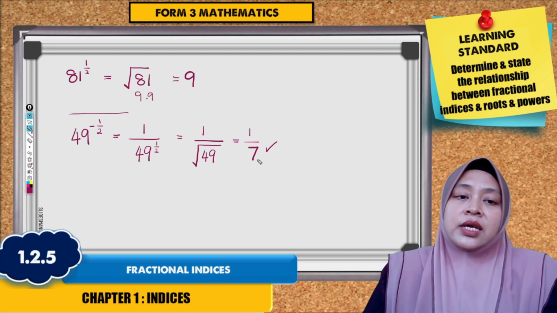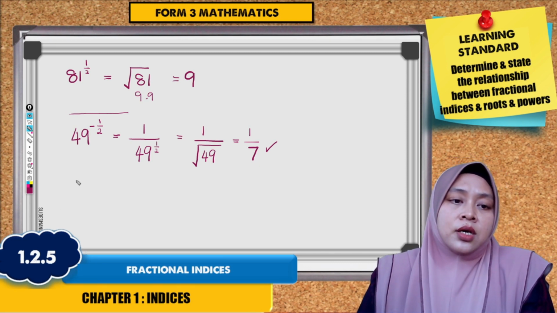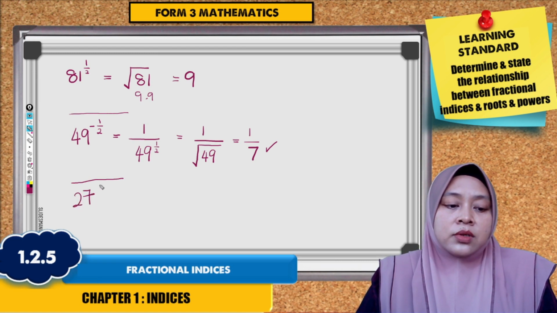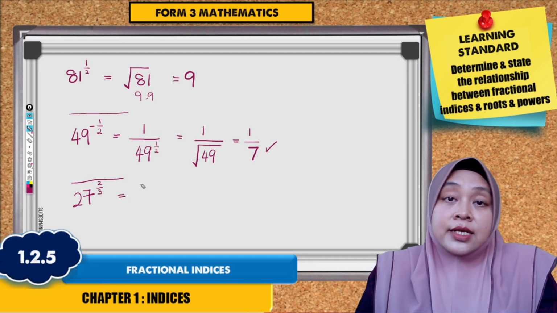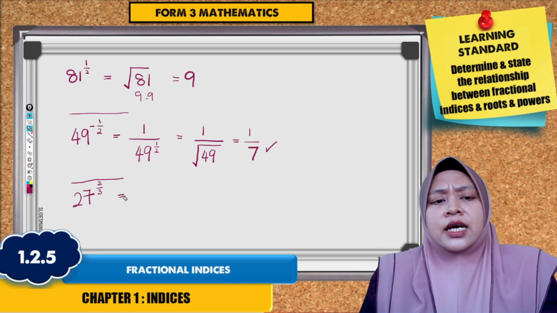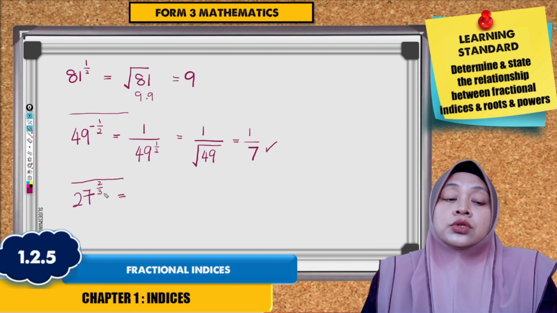Now move on to another example: 27 to the power of 2/3. Let's see what we should do. Before this I told you that we can do the cube root first or square it first. I choose to square it first.